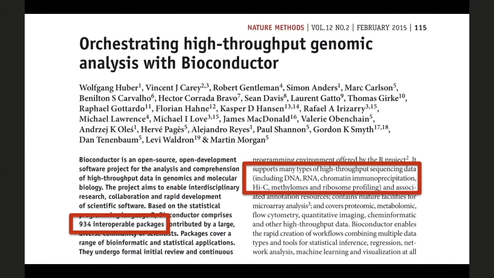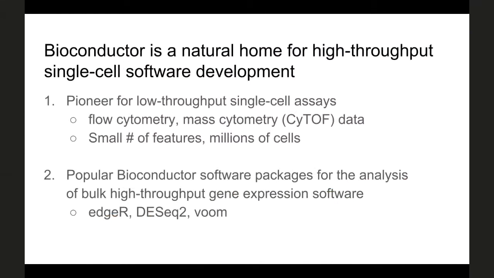And then around 2014, the world of single cell analysis really started to pick up. And I think developers in Bioconductor really saw that Bioconductor was a natural home for high throughput single cell software development. And I think they did this for two reasons.